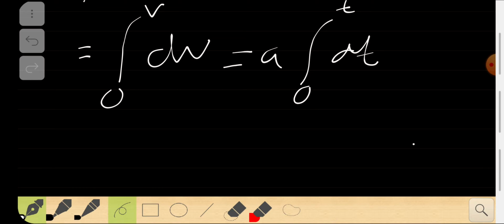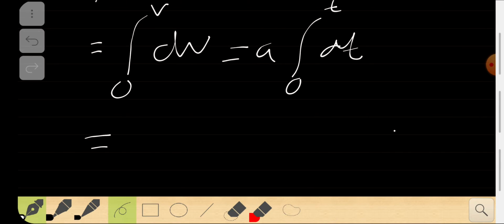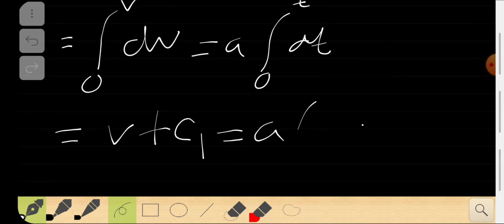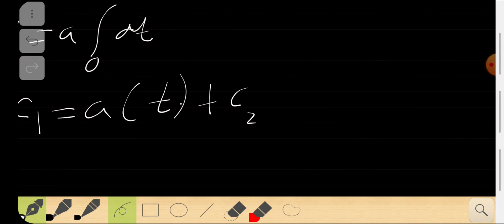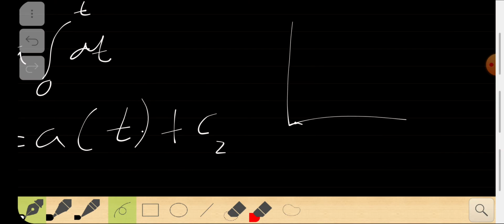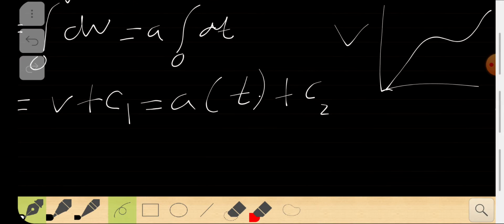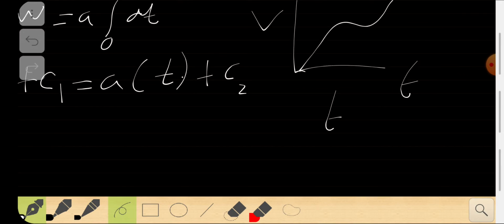Now when you integrate this, you get v plus some c1 equal to a times t plus some c2. When you take the graph of v versus time, you see that at t equal to 0, v is equal to 0.